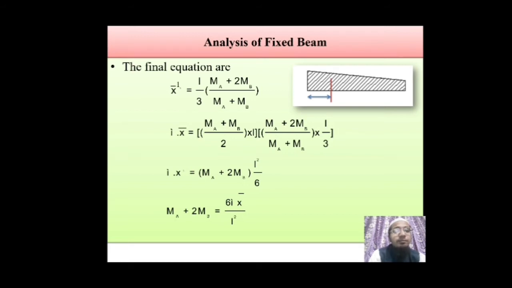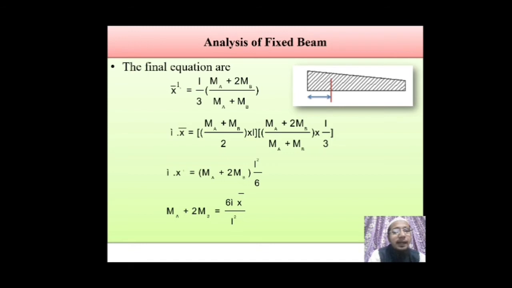Let me repeat once. In the case of x bar, the bending moment diagram for the simply supported beam is random, so we cannot easily find the position of the centroid. So we go for the end moment, or fixed end moment, diagram. In this, x bar dash will be equal to L by 3 into (MA plus twice of MB) divided by (MA plus MB).